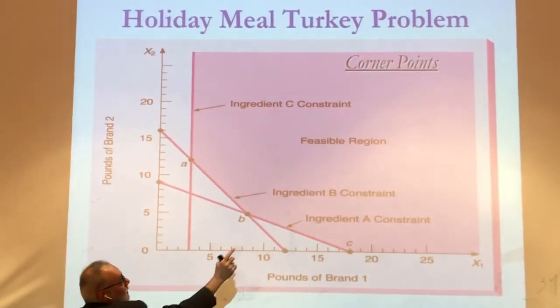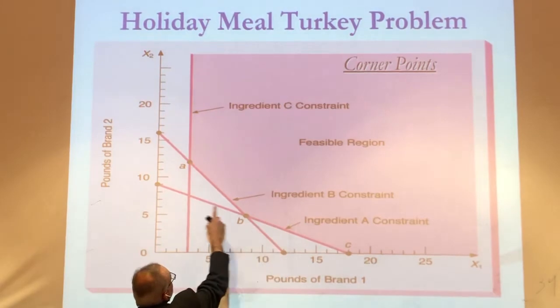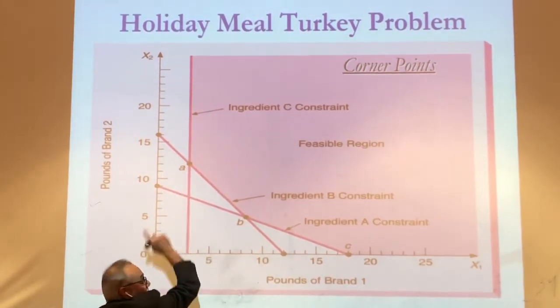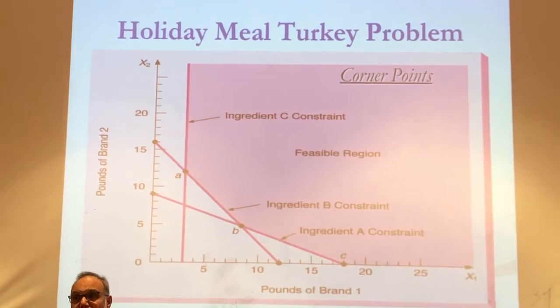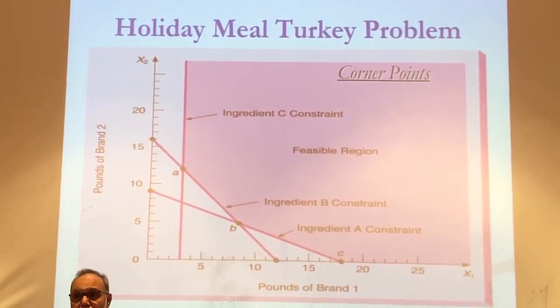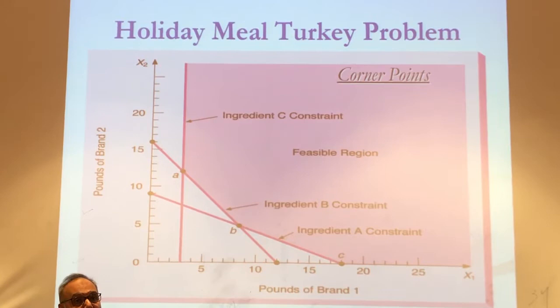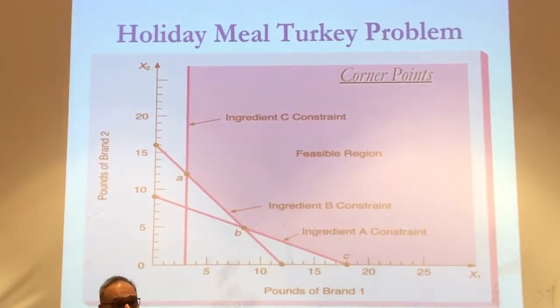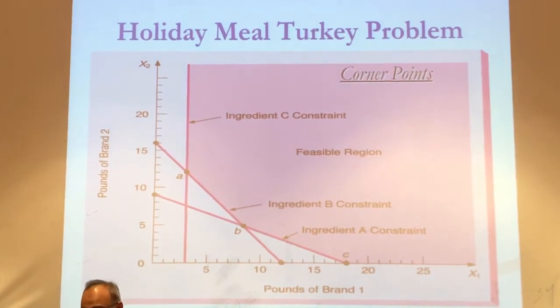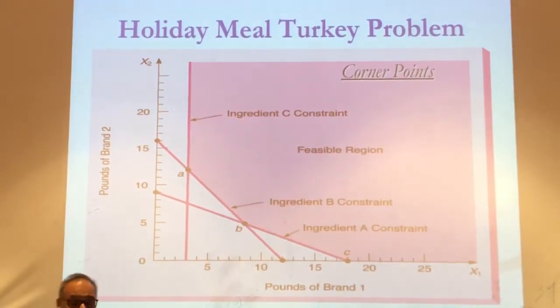When they solve this with this, they come out with this corner point. This is the normal mistake students make. They don't work out properly on the graph, and sometimes the point is not in the feasible region and they show it in the feasible region.